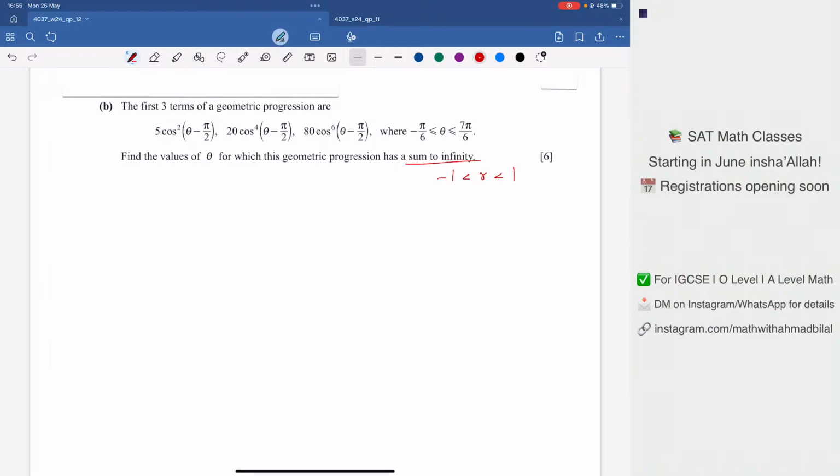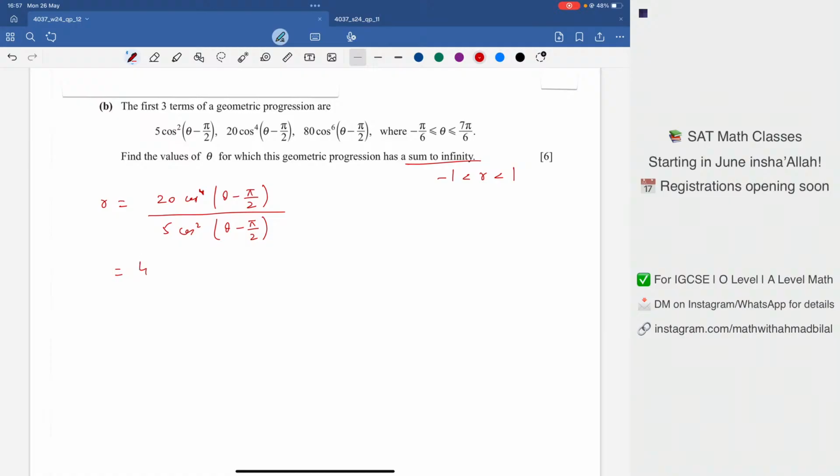Okay. What's the ratio? Can we find the ratio from this sequence? Let's do that. We could divide the second term by the first term to find the ratio. Let's see what we get from that. 20 cos raised to the power 4 theta. 20 cos raised to the power 4 into theta minus pi over 2, divided by 5 cos squared, the square of cos theta minus pi over 2. 20 over 5, what does that give you?